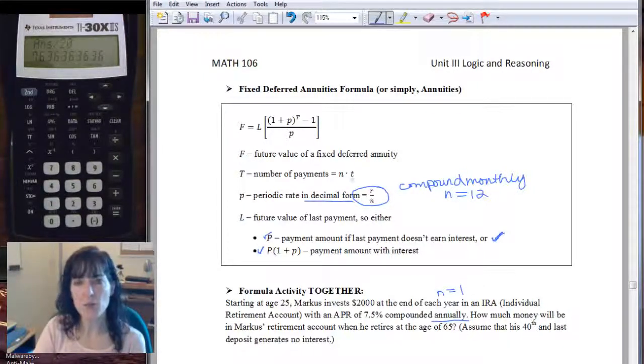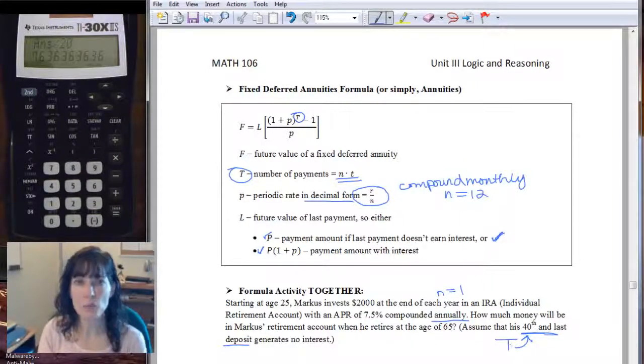T is the number of payments that you're going to make, this capital T, and then we see it up here. So capital T is the same thing that we were using in the last problem with the compound interest as n times T. So it's just how many payments you're going to make. Now I want you to be careful on the annuities because sometimes we tell you his 40th and last deposit generates no interest. We're telling you that's the capital T right there.